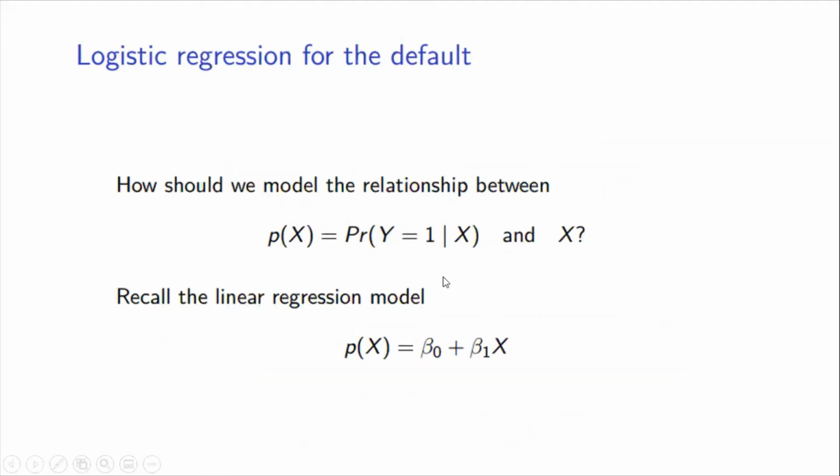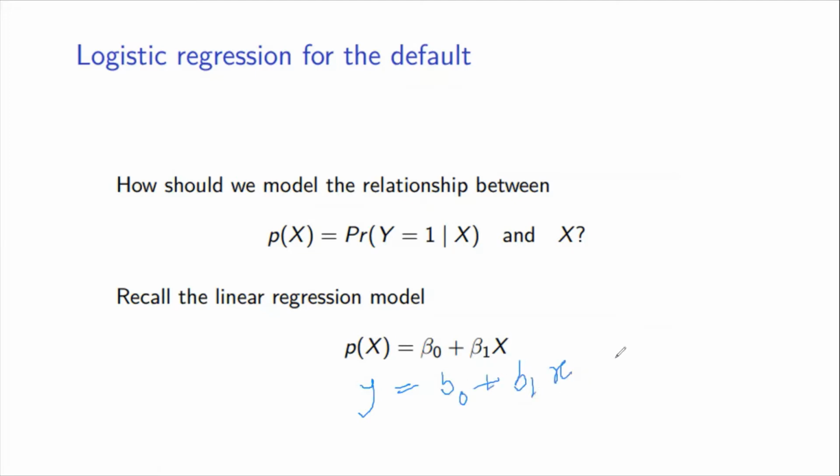And then we will recall the linear regression model, and we will build our logistic regression based on that linear regression, okay? I think here we have a slightly different notation, right? If you remember, we have Y equals B0 plus B1 X, okay?